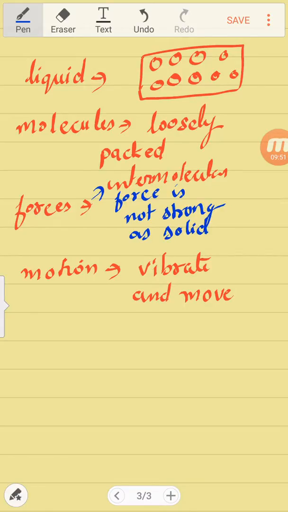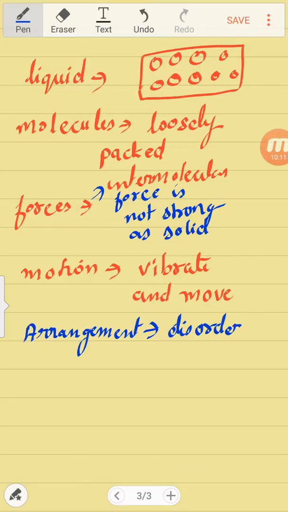Okay, now what about the arrangement? It is disorder. Or you can write as irregular. How is the arrangement of molecules? It is disorder or irregular.